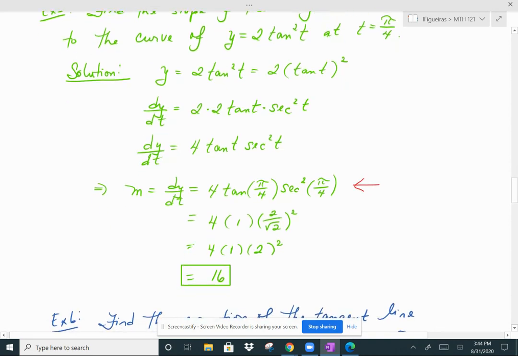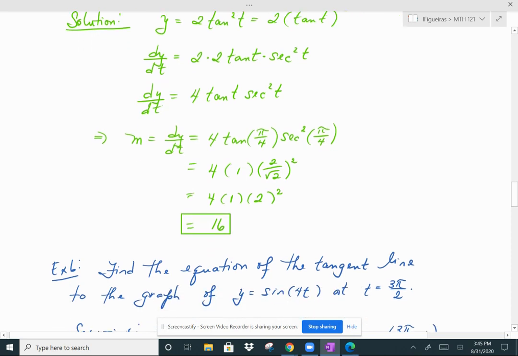So when you evaluate tangent and secant squared at pi over 4, you'll have 4 times 1 times 2 over root 2 to the second power, which gives you 4 times 1 times 2 squared. 2 over root 2 is just 2. And then when you square that, you will get 16 as a final answer. So the slope of the tangent line to the curve is just 16 at pi over 4.